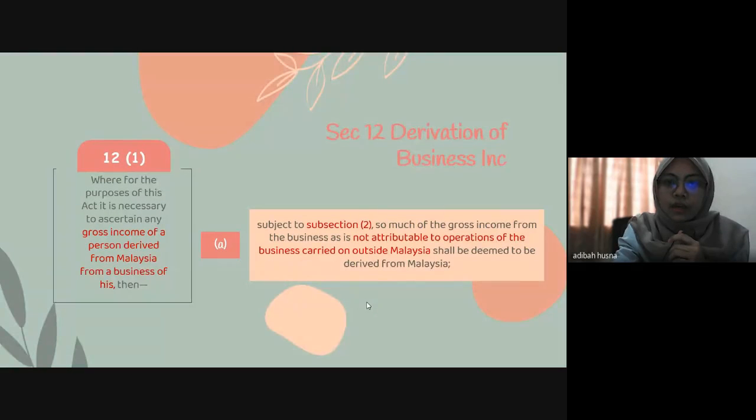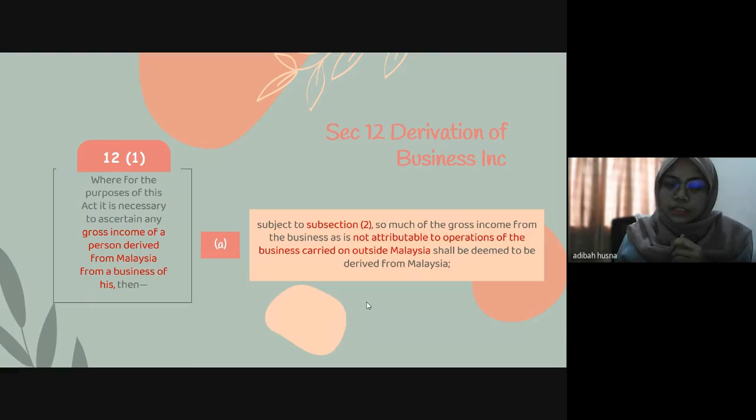First, I will focus on section 12, derivation of business income. Under subsection 12(1), for the purpose of this Act, where it is necessary to ascertain any gross income of a person derived from Malaysia from a business of his, then paragraph A, subject to subsection 2.